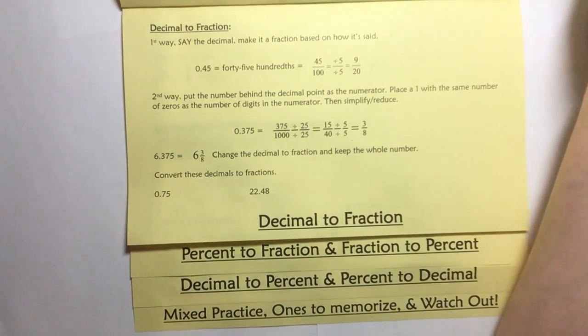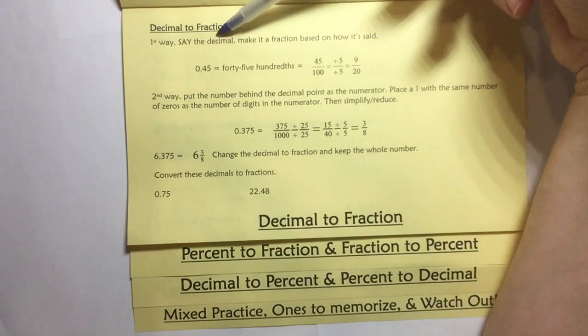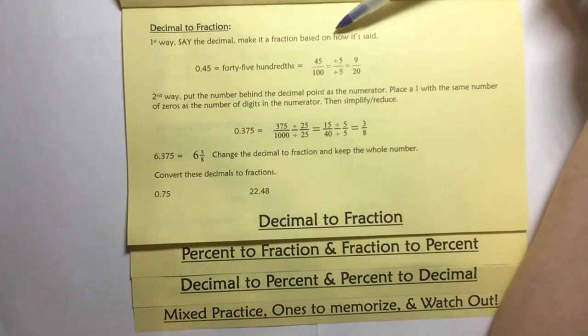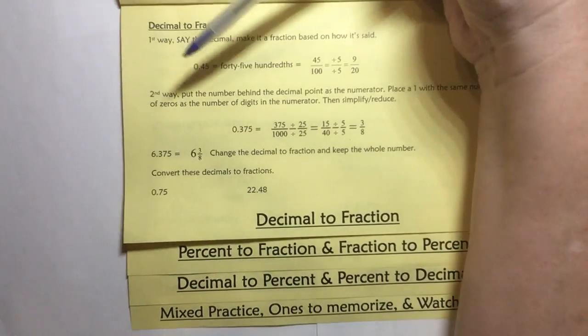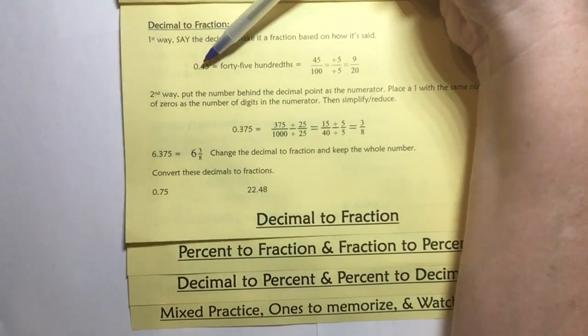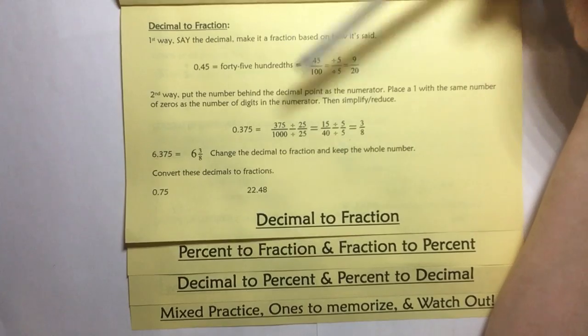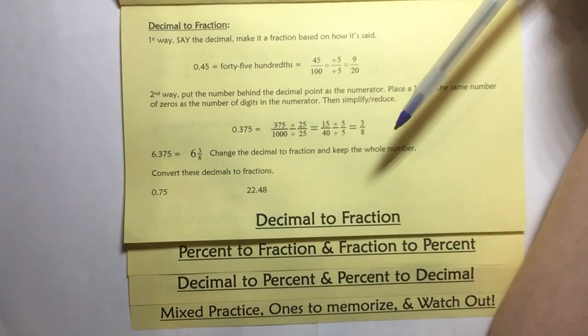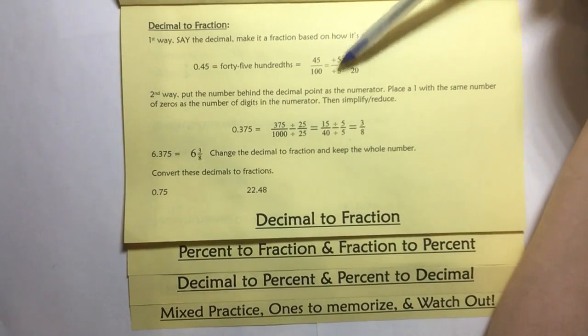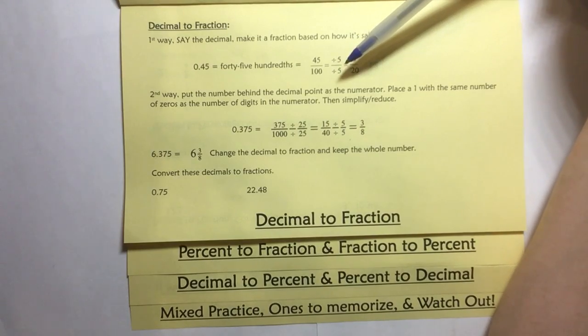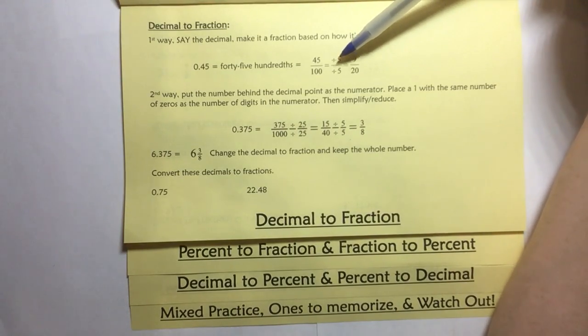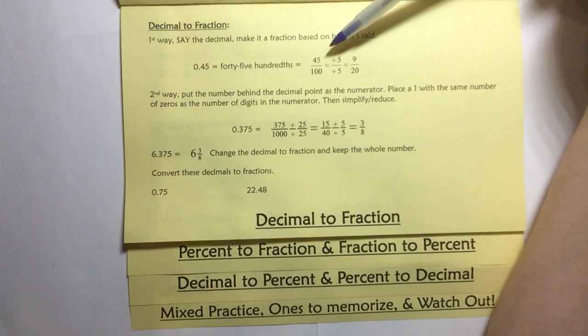The first way is just to say the decimal and then make it a fraction based on how it's said. So for example, this number right here, you say it 45 hundredths. So 45 over 100. Simplify it. Because you're in middle school, you have to simplify your fractions. You don't ever have to ask.